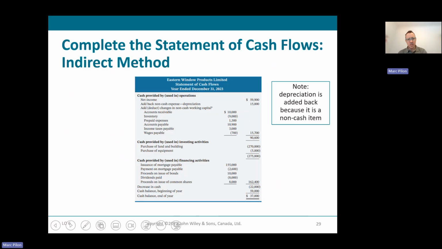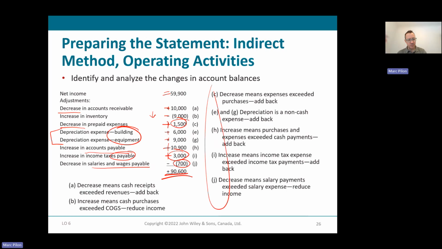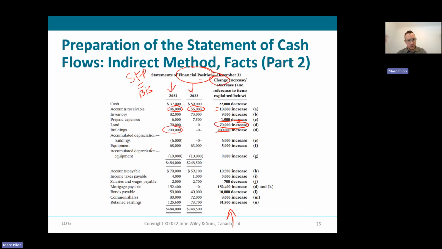So that would be 70 plus 200 for buildings. That would give me a negative, because I would have paid for land and building, and I purchased equipment for 5. Let's see, equipment goes from 63 to 68. So that's an increase of 5.